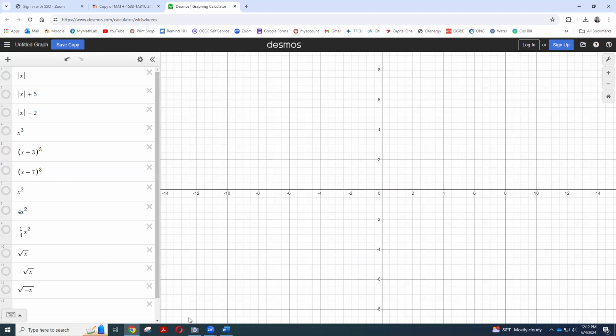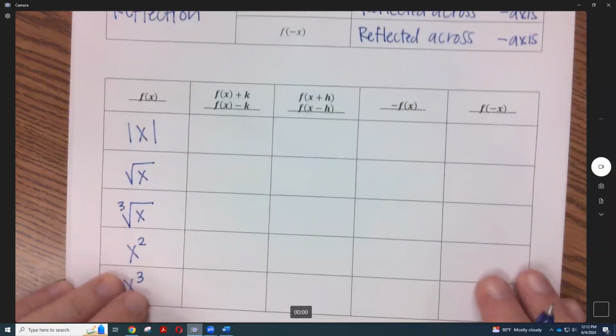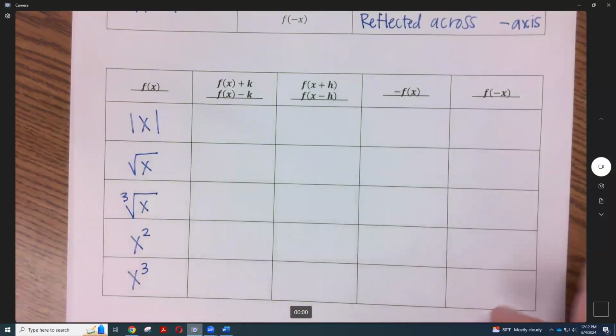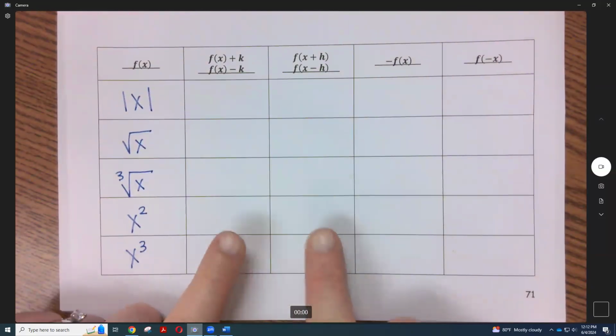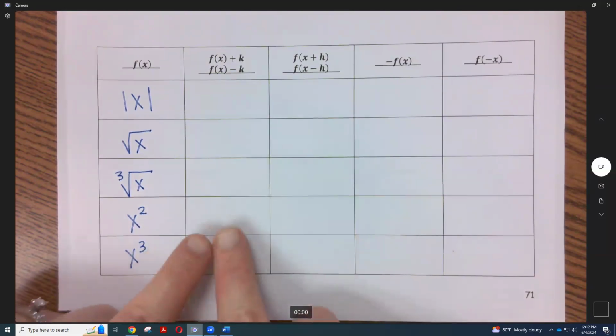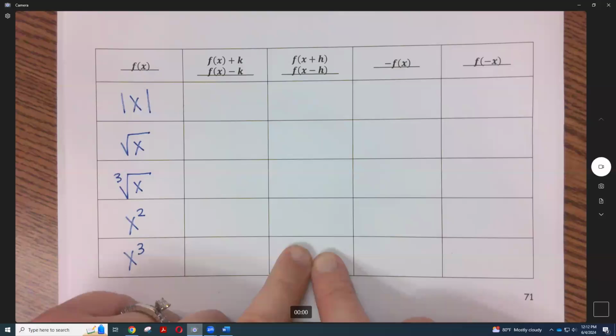Now, let's take a break right there and come down here to this bottom table. This bottom table is going to help us differentiate between outside the function, up or down, and inside the function, left or right.